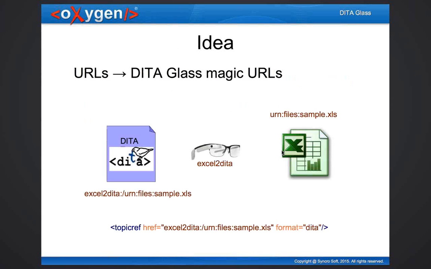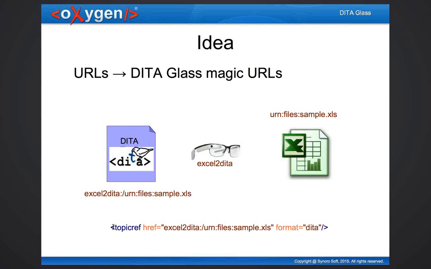And the idea behind DITA Glass to get, for instance, an Excel file back into the DITA world is to use URLs. So to use a URL that will point to the Excel file and will retrieve, will show that as a DITA topic.